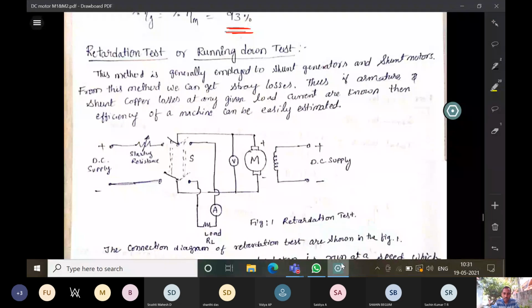Retardation or running down. So generally, what is the meaning of retardation? Anybody? Srishti, what is retardation?